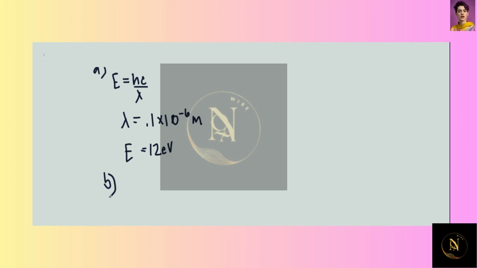And then for B, we want to know that if we're accelerating electrons through some potential difference, and we want them to exhibit their wave nature if they're going to pass through a pinhole of that size, what's the speed of the electrons? Oh, that's kind of interesting. So we want their de Broglie wavelength to be on scale with the size of this pinhole.